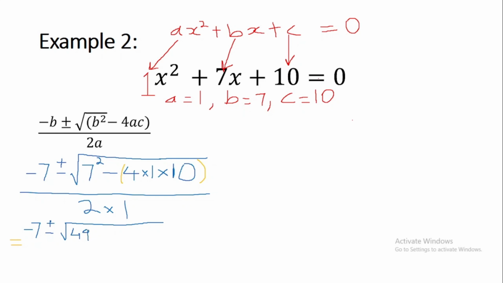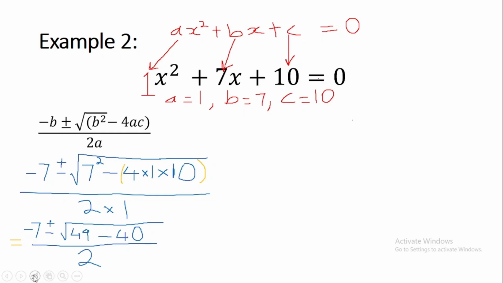And 4 times 1 times 10, that's going to be 40. So that's going to be a negative 40, all over 2 times 1, that's going to be 2.